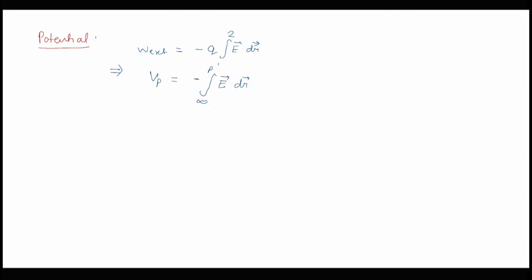Or we can define potential difference between the 2 points, considering that the work done per unit charge is equal to negative integral of E dot dr from position 1 to position 2, and we are calling this dV, which is the potential difference between the 2 points, that is 2 and 1.